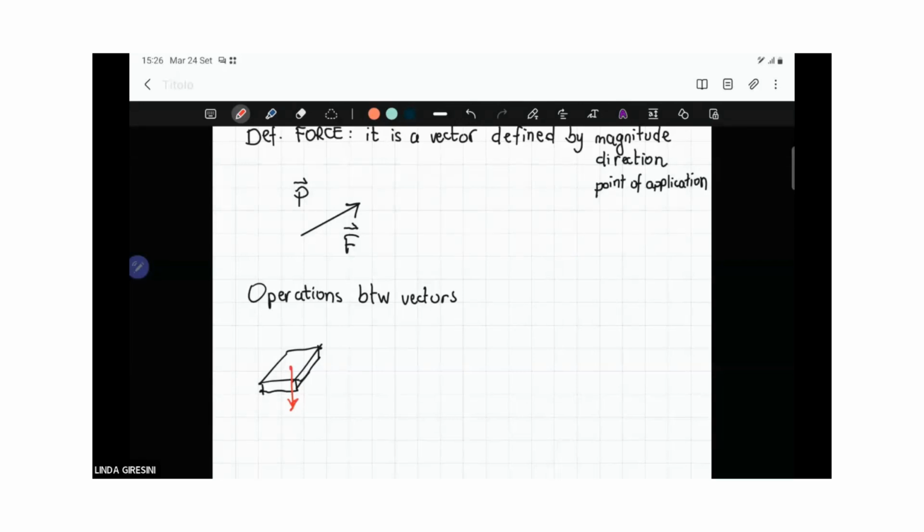We will see how to get this point, which is generally called G. And W is the self-weight of the book itself. So this is a force. This is a special kind of force, which is called the gravitational force, or gravitational load.